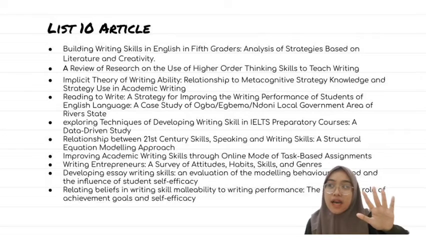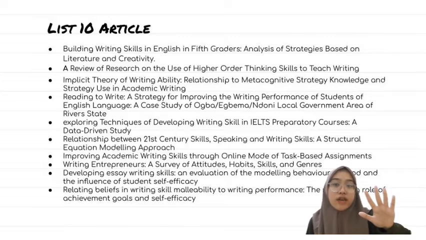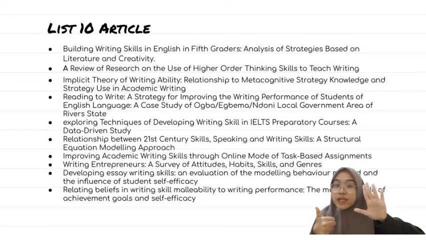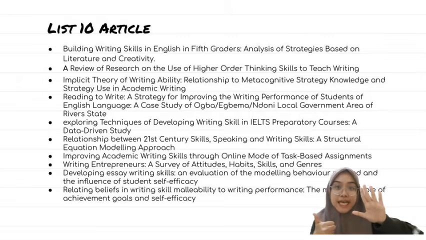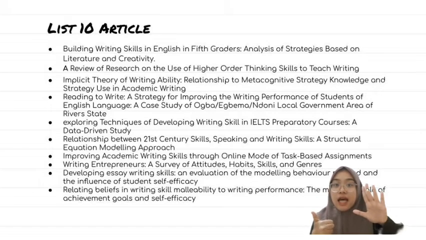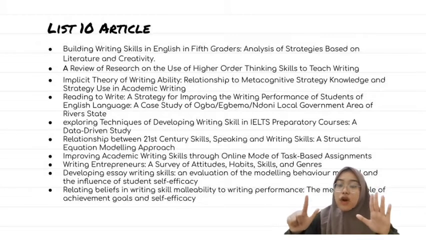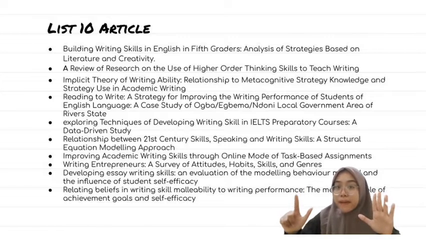Exploring techniques of developing writing skill in IELTS preparatory courses, a data-driven study. Relation between 21st century skill, speaking, and writing skill, a structural equation modeling approach. Improving academic writing skill through online mode of task-based assignment.